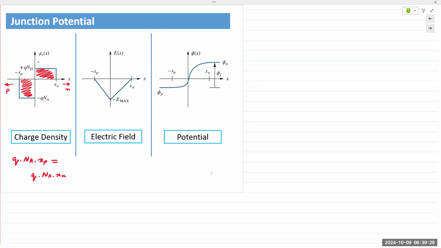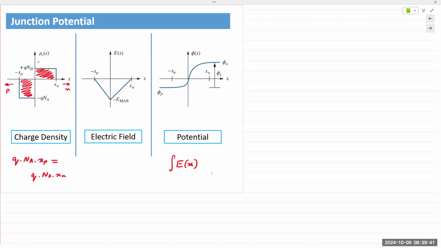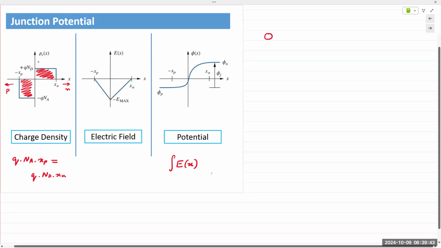And then the integral of the electric field gives us the voltage or the potential that develops across that junction. That is known as phi j, the junction potential.